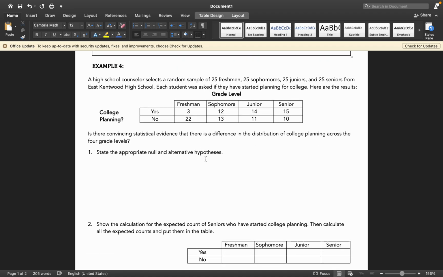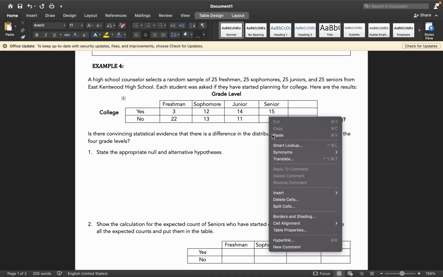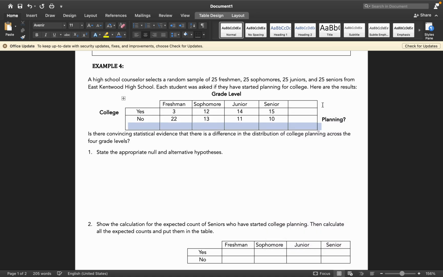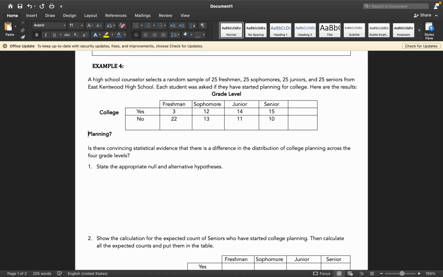So I want to check if there's convincing statistical evidence that there's a difference in the distribution of college planning across the 4 grade levels.